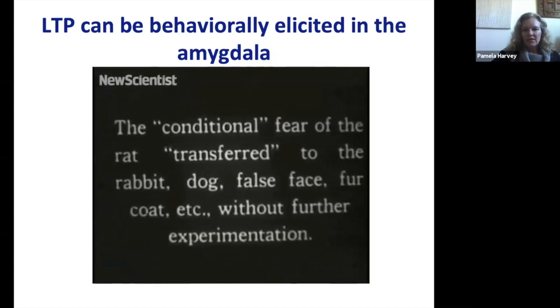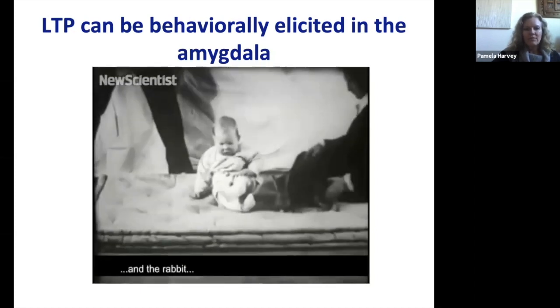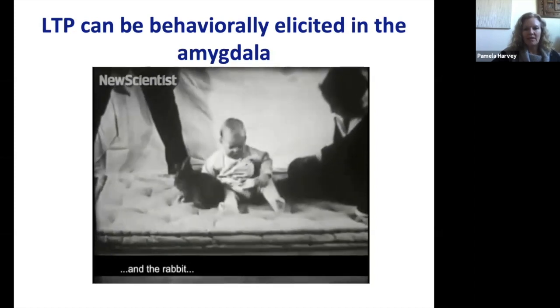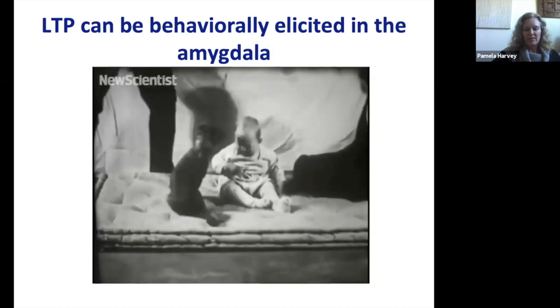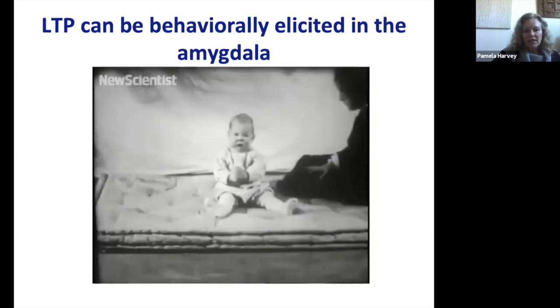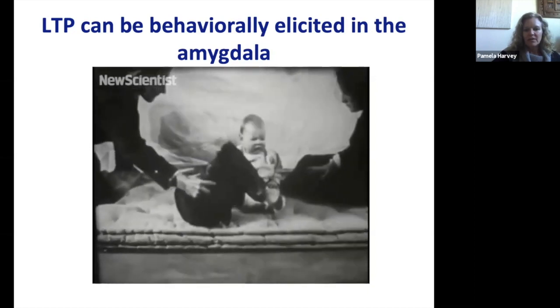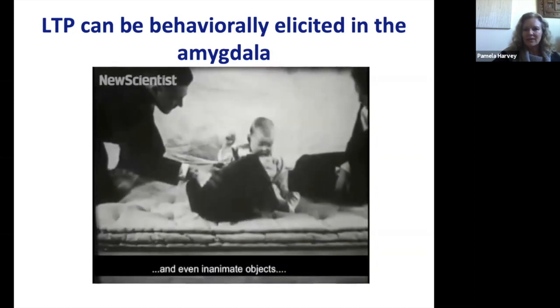But not only is the baby now afraid of the rat, which was the training period, but now the baby can't tolerate anything with fur. That conditioned response in this baby's brain, in Albert's brain, is transferred to anything furry. I think because this child hasn't seen anything that's furry before.